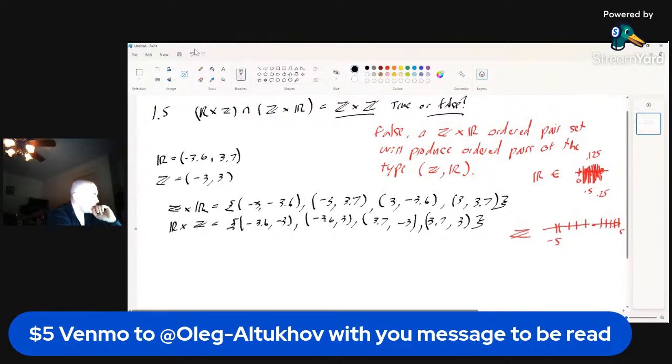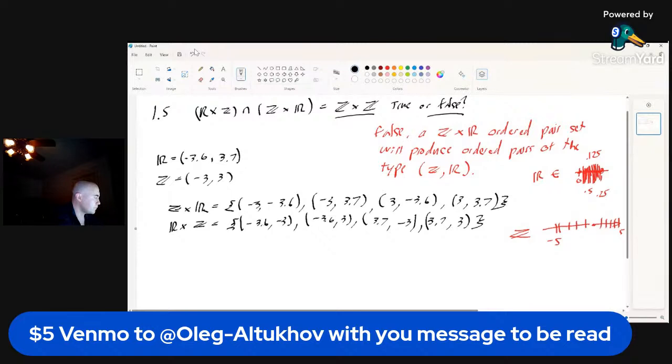C by R. So, -3 if my r's are here. Okay, so if I wanted to recreate the second set, where it's r by z, z by r, I can't recreate that because that's a fraction.